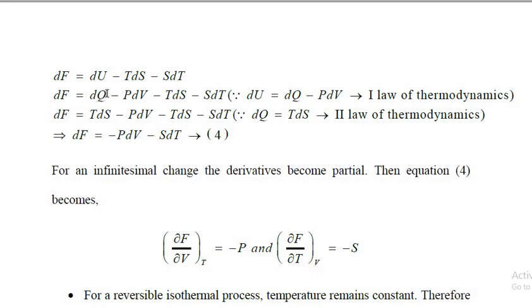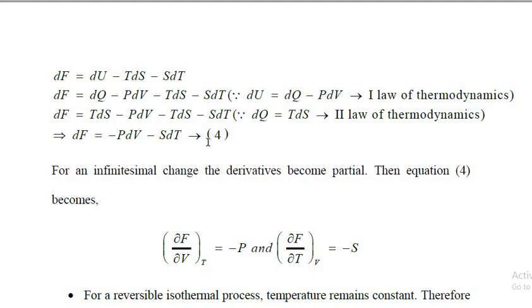And what is dQ according to the second law of thermodynamics? It is TdS. So TdS minus PdV minus TdS minus SdT. Here plus TdS minus TdS becomes 0. Therefore dF is equal to minus PdV minus SdT.